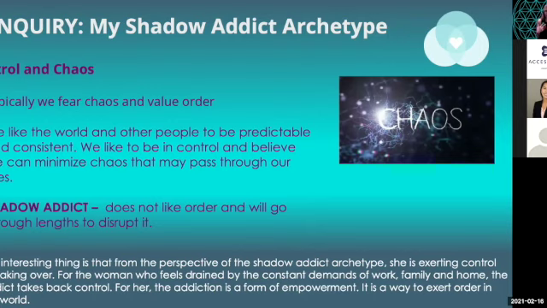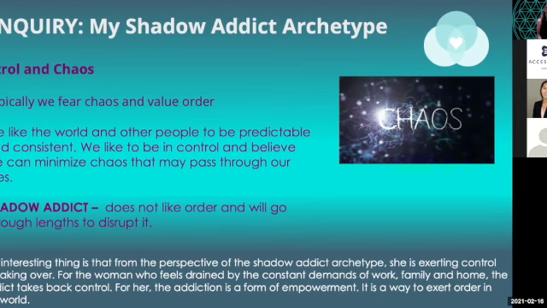We want things to be predictable because we don't like uncertainty. We want things to be consistent, and we like to be in control, and we really like to believe that we can minimize the chaos that might come through our lives, right? That as the chaos comes in, there's still this sense of, I got it under control.